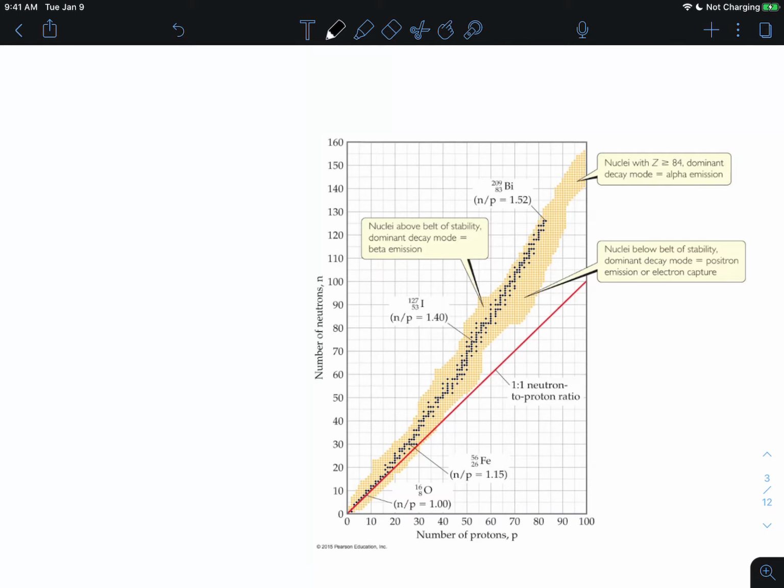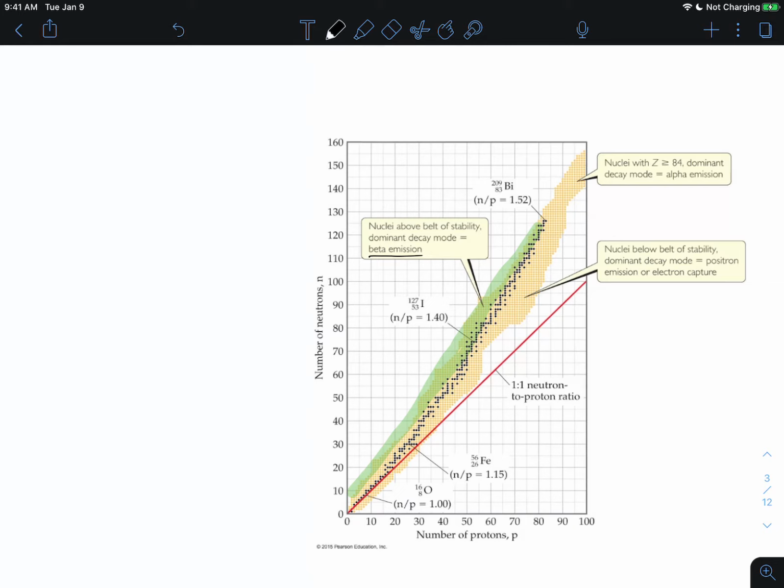So if we are on one of those black dots, we're good. There's an ideal neutron to proton ratio, and it's a stable nucleus. Anything above that is going to decay via beta emission.